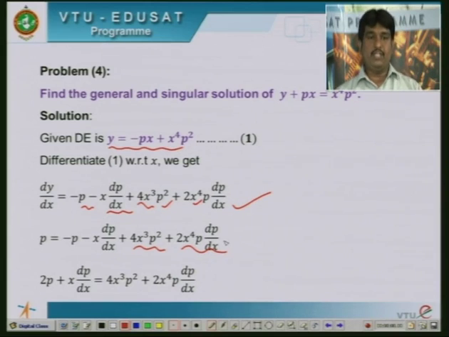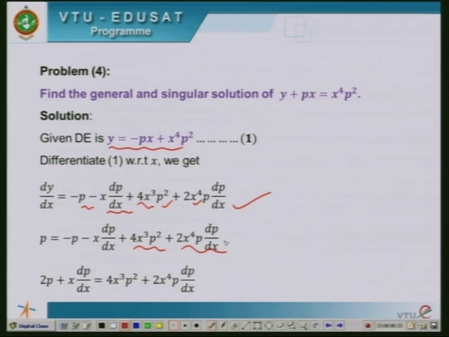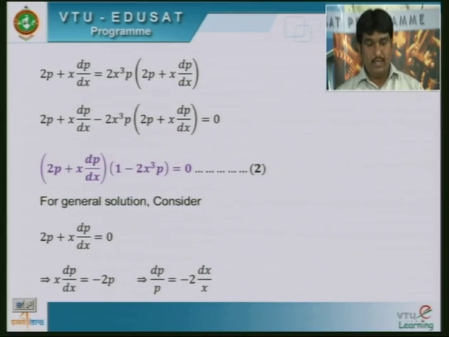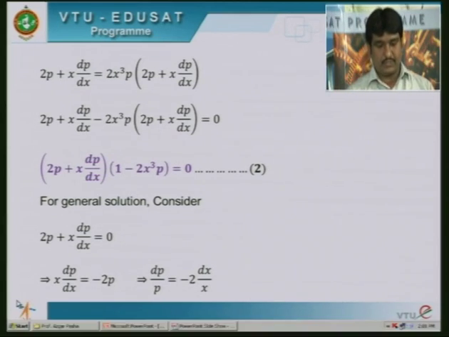Shift minus p to the LHS as well as minus x dp by dx to the LHS to get 2p plus x into dp by dx equals 4x cube into p square plus 2x to the power of 4 into p dp by dx. Next step, it is 2p plus x dp by dx equals 2x cube p into 2p plus x into dp by dx.